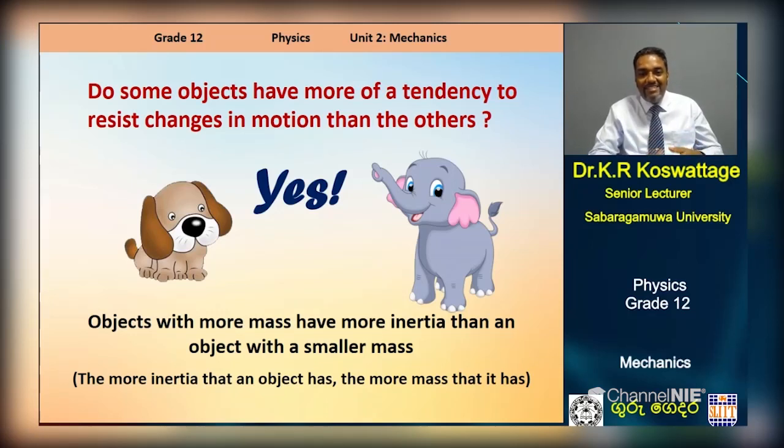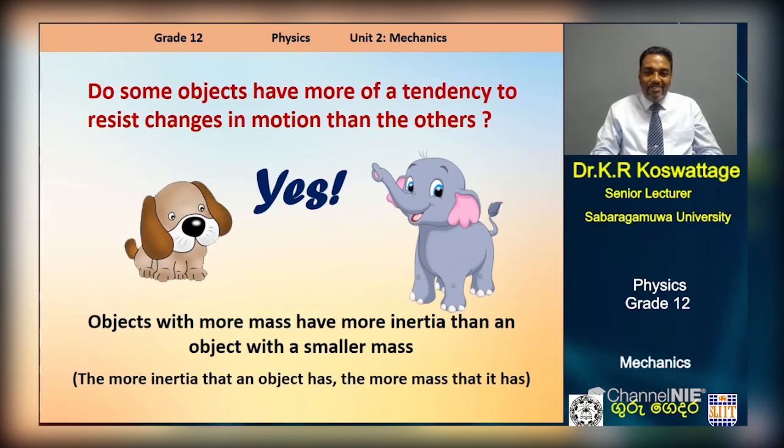The more mass an object has, the more inertia it has. This is the connection between inertia and mass.